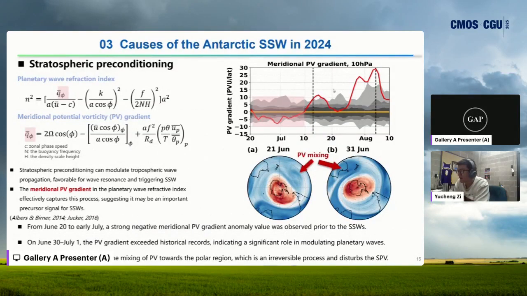We can see that from June 30 to July 1st, the gradient exceeded historical records, indicating significant modulation of planetary waves. In the bottom panel, we can see the stratospheric condition leads to the mixing of PV towards the polar region, which is an irreversible process that disturbs the SPV. Okay, next.